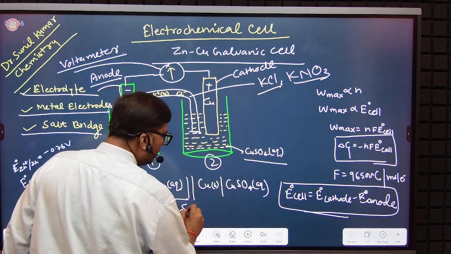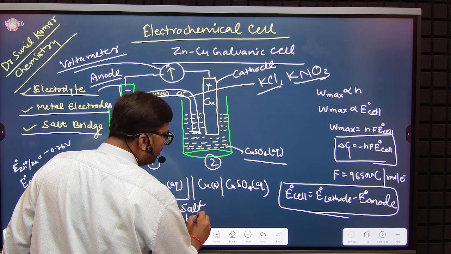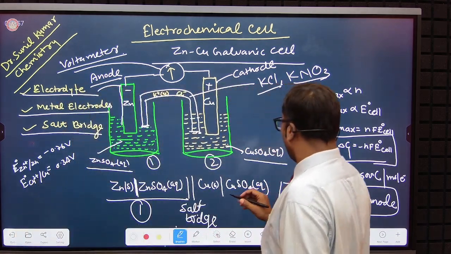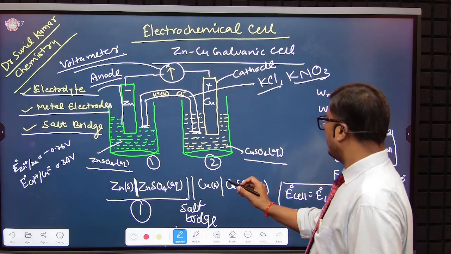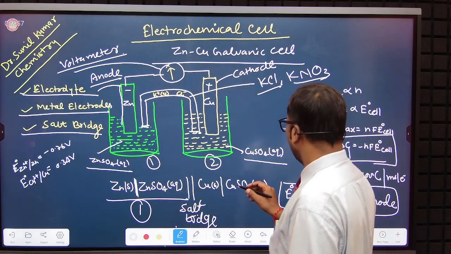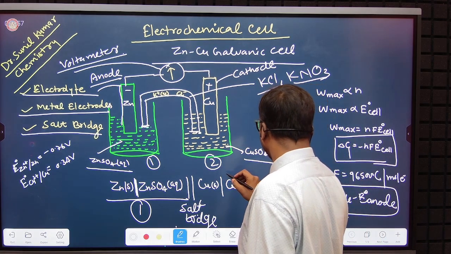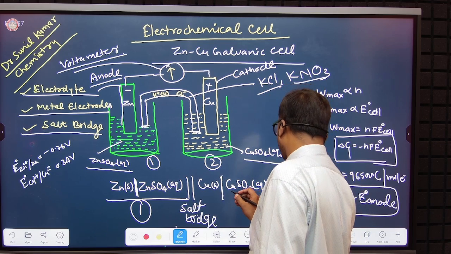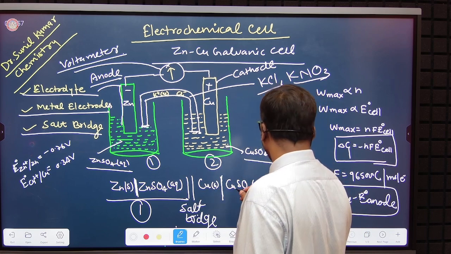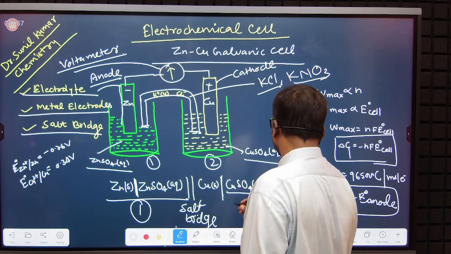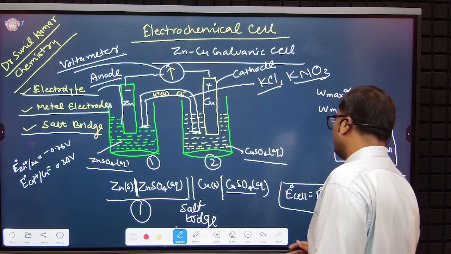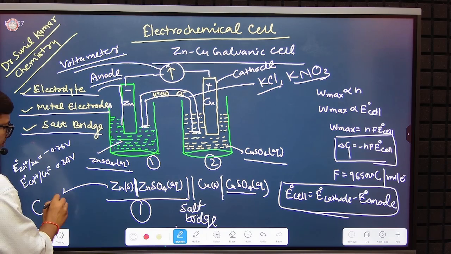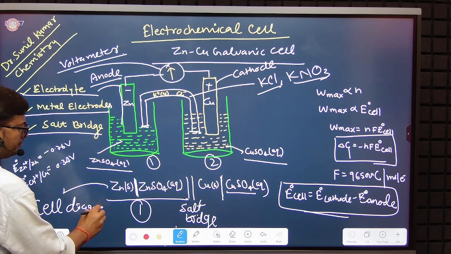This is your salt bridge, and another component, that is solid copper, is attached with this vertical line, and this vertical line is an interface, and this copper solid is dipped into its solution, that is copper sulfate aqueous solution. So this is the cell diagram. This is what we call the cell diagram.